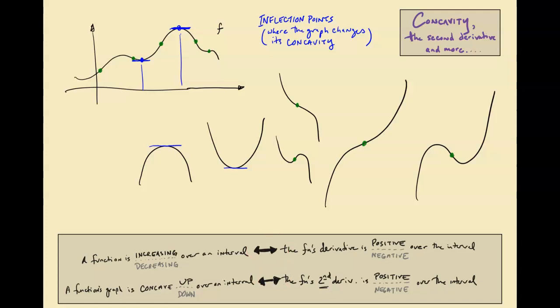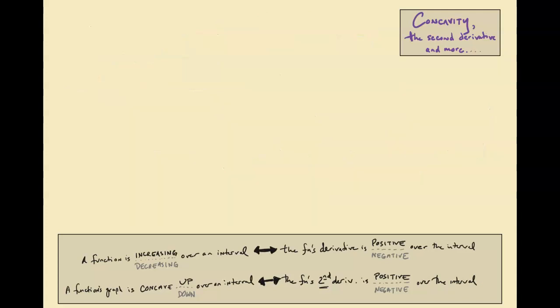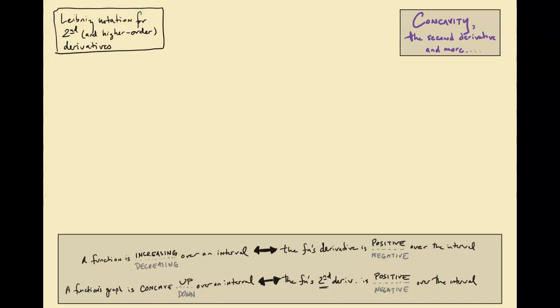But there is one last thing I need to do in this video, which is to introduce some notation, namely Leibniz notation for second derivatives and higher order derivatives than that. We know that if y equals f of x, we can express the derivative of this function in prime notation as y prime or f prime of x, and in Leibniz notation as dy dx.